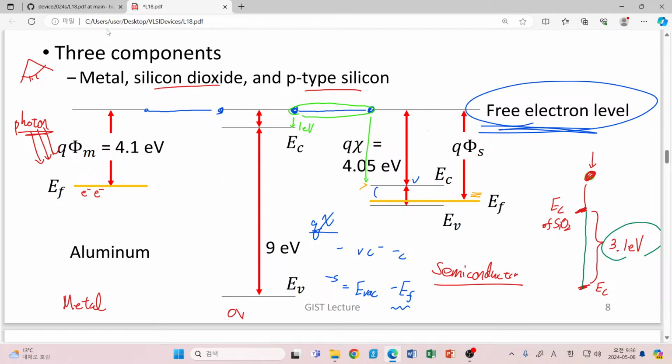So here we have the same value due to the continuity of the vacuum level, and we can find this height generated by this silicon dioxide. So let me come back to your previous course for semiconductor devices.